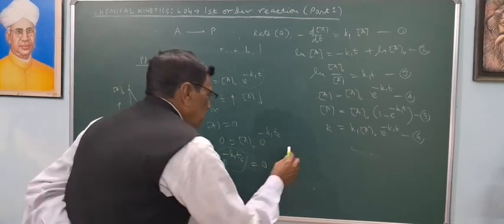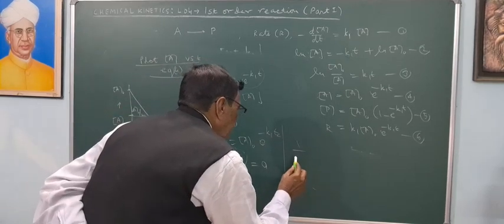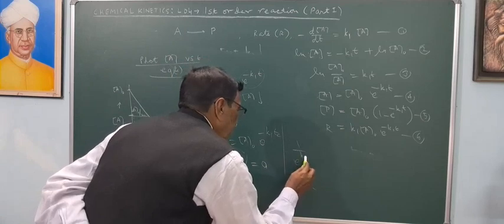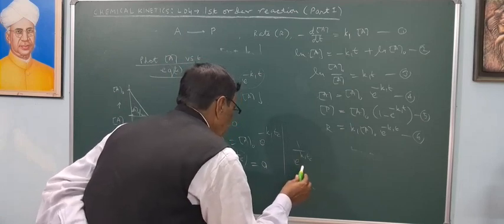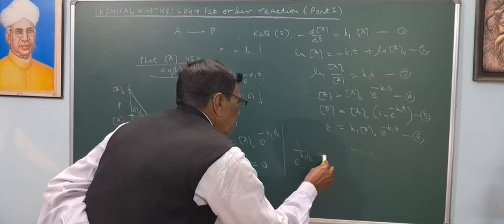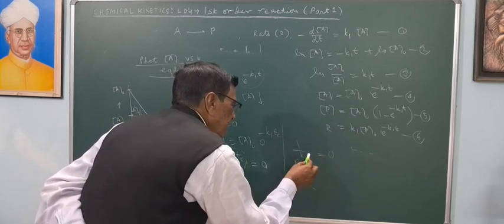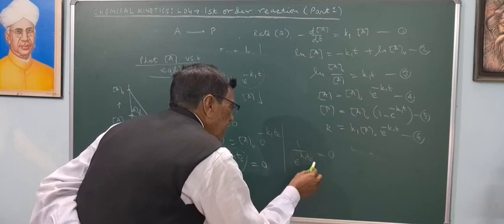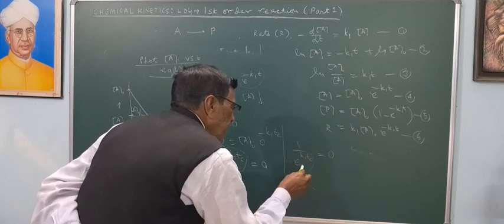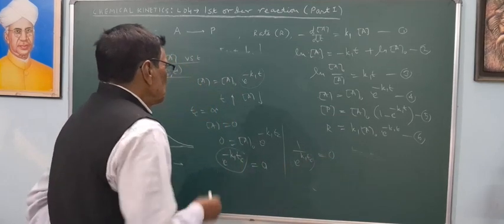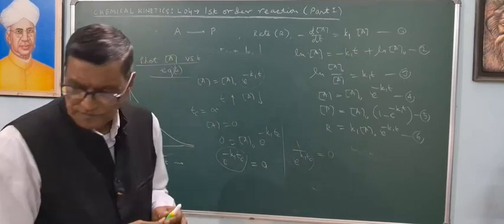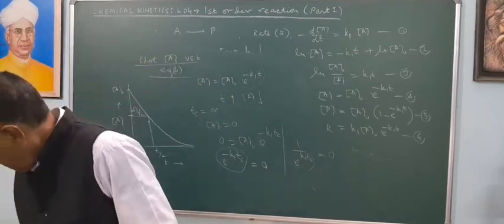Or you can write 1 by e to the power K1 Tc equals 0. Whenever Tc equals infinity, this is infinity and 1 by infinity equals 0. So Tc equals infinity.